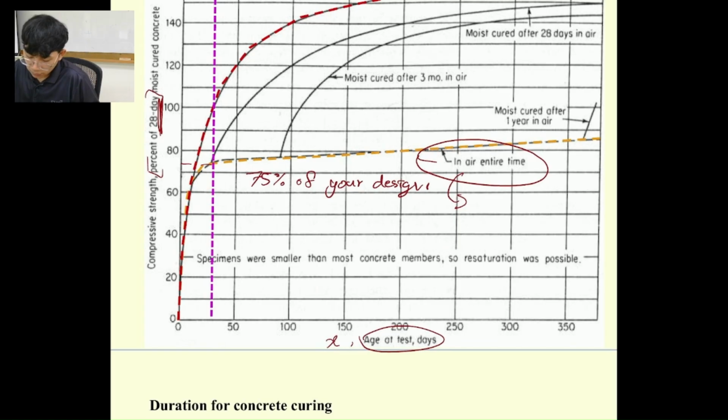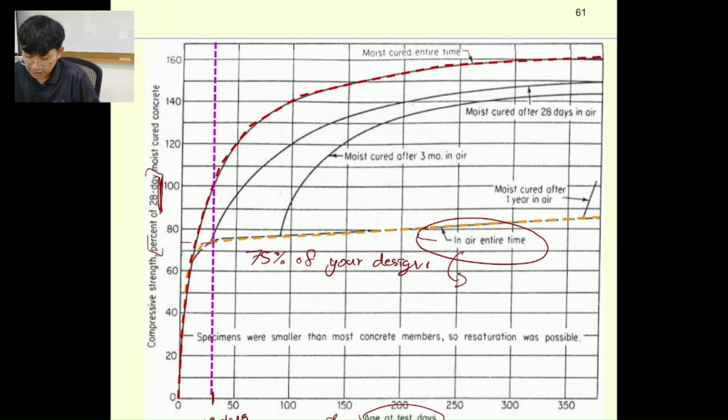But if you cure the sample properly, you're going to see that at 28 days, it gets at least 99% of the strength, and the hydration process is going to keep increasing over the years, month by month.